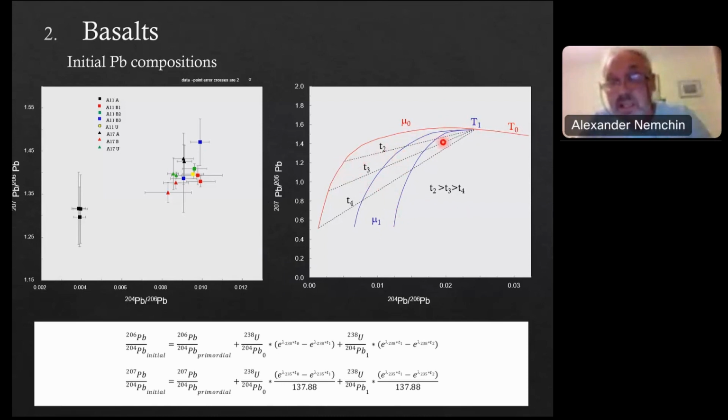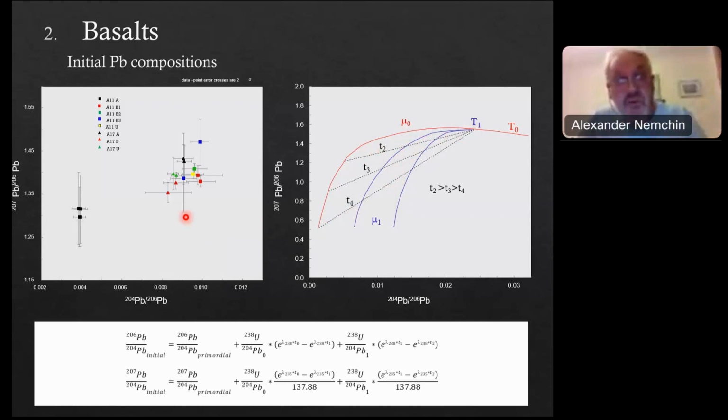Important thing is that if we started from the same point here, then everything formed at the same time from different basaltic sources, we would expect every single sample falling on the line. So the older material is here, the younger you get, you're shifting further down towards the horizontal axis.